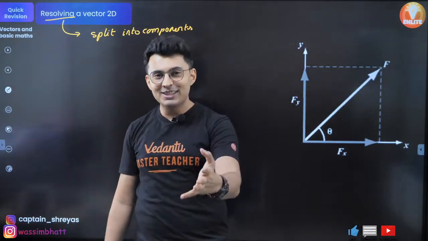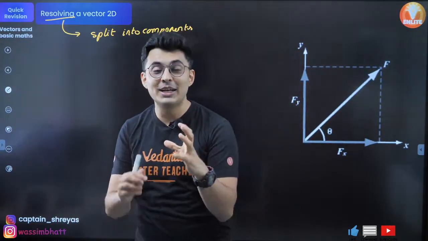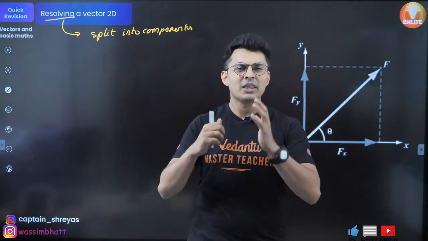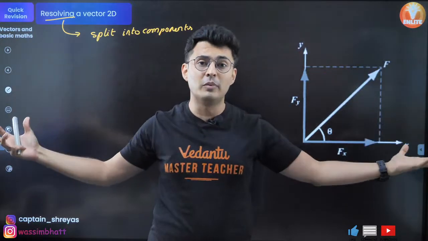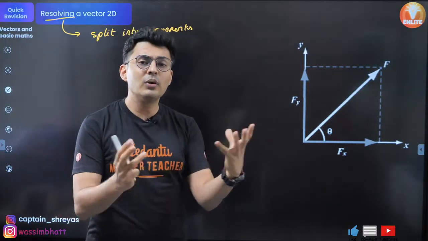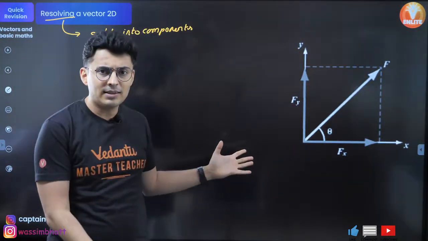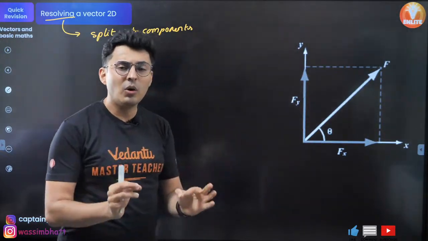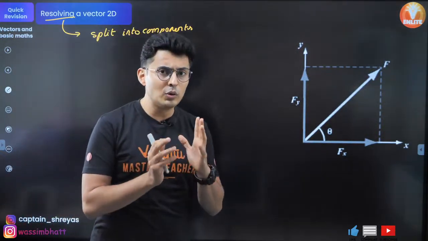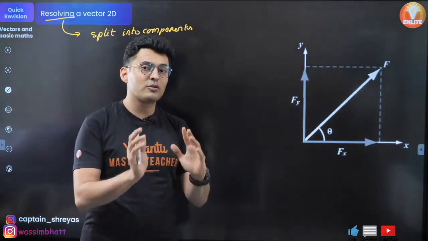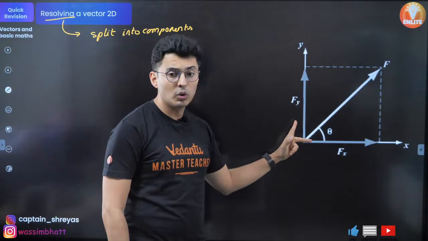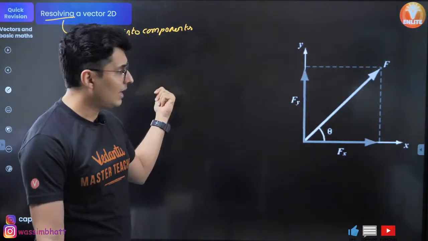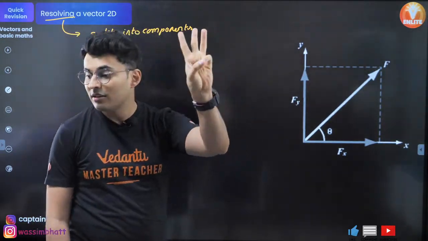Resolving means splitting into small parts. Any vector can be thought of as made up of 2 or 3 or more components. But there is no use splitting a vector into random pieces. You always try to split it into 2 or 3 components, which becomes useful for solving the problem. If it is in a 2D plane, you split it into 2 components. If it is in a 3D plane, I will show on the next slide, you split it into 3 components.